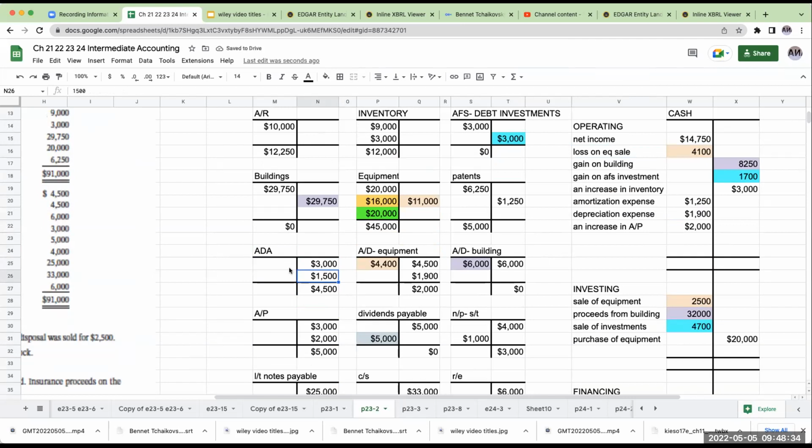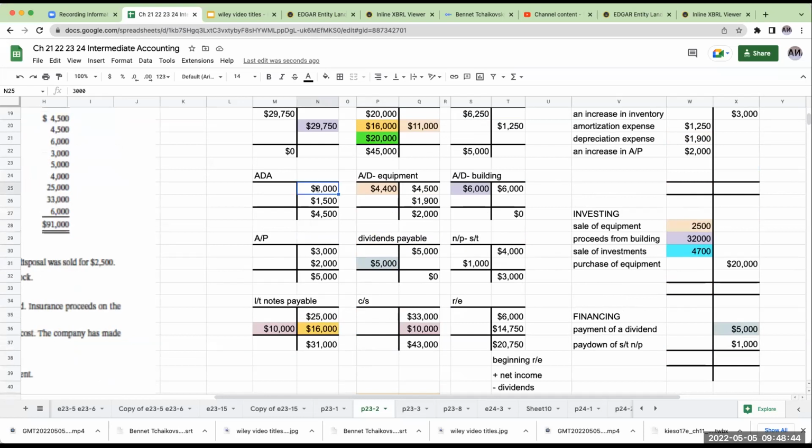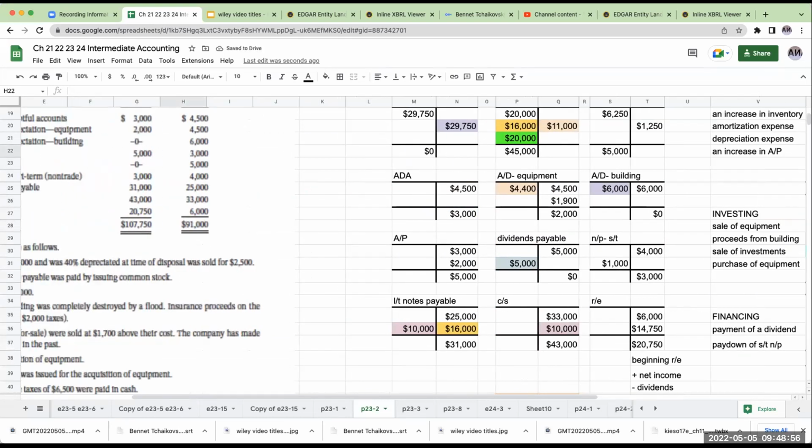Is this an increase in the allowance for doubtful accounts? And the answer is no. What is that? That is bad debt expense. We record bad debt expense. It's the last step we do when we're analyzing the allowance for doubtful accounts. Whatever I need to balance this account is going to be over here as bad debt expense. But this is not what's happening here. It started with 4,500 and ended with 3,000.